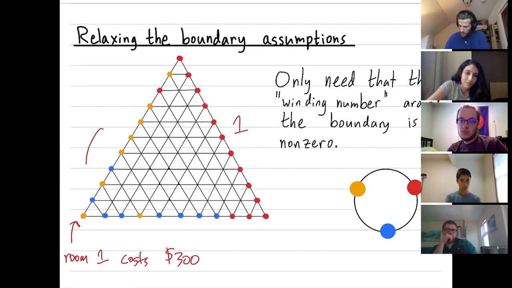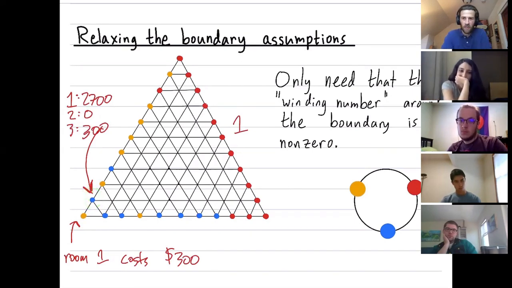So this point is where room 1 is $2,700. Nobody's choosing room 1. Room 2 is free, and room 3 is $300. If room 3 is significantly better than room 2, yeah, I might pay $300 to get room 3 as opposed to a not so great room 2 that's free.